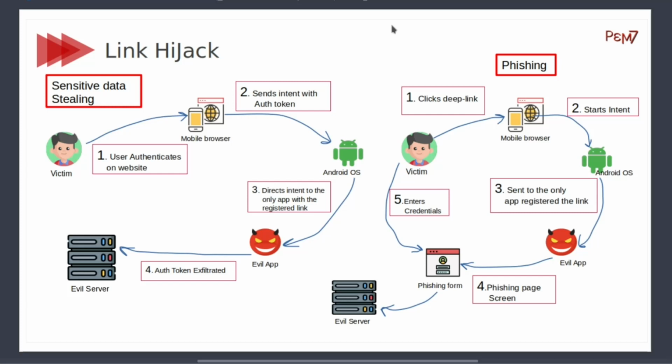So this evil app has a phishing page, which is actually a phishing form. It gives you back a request and displays this phishing form, you enter your credentials, and finally the credentials are sent to the evil server and an adversary gets full control.